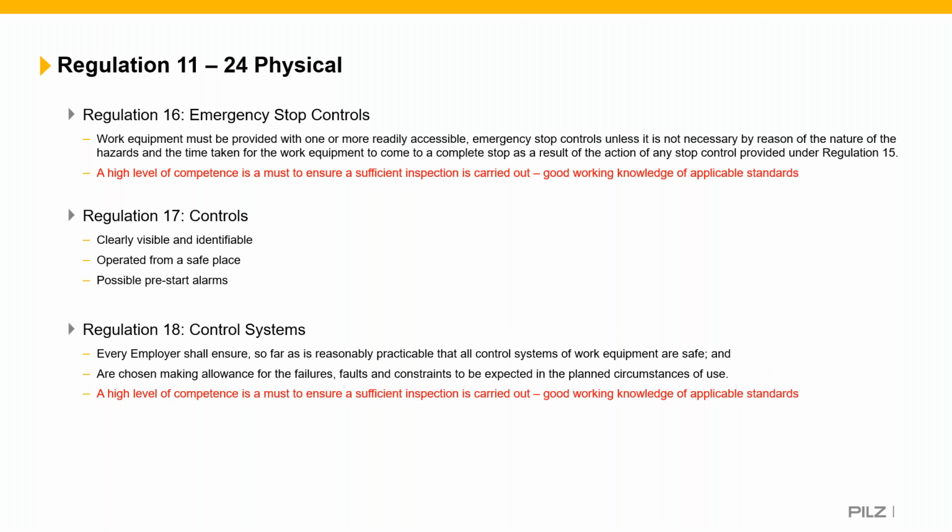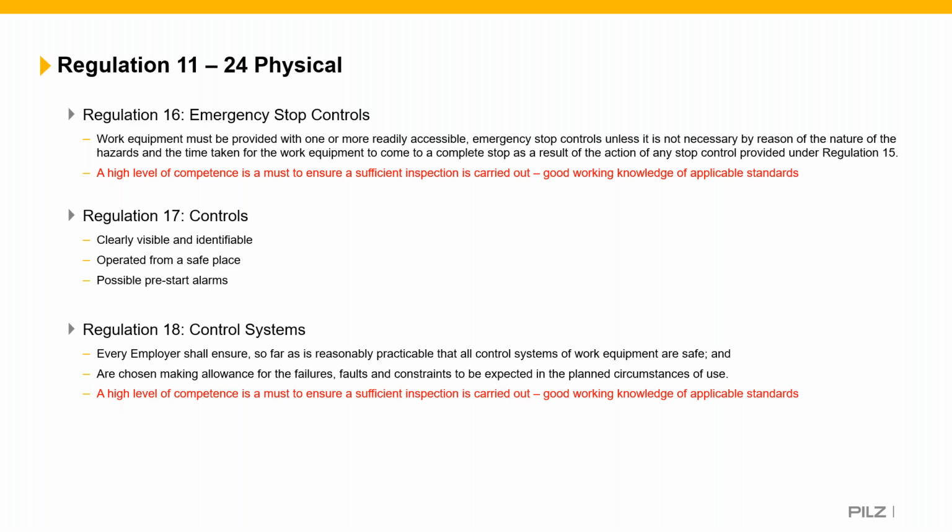So the measures should be taken in the design and application of the control system to mitigate these effects, and to ensure that its failure can be balanced against the consequences of what might happen. So obviously, the greater the risk, the more resilient the control system needs to be. Again, an important point to think about and consider is the requirements in the new machinery regulation that talks about security from an IT point of view.